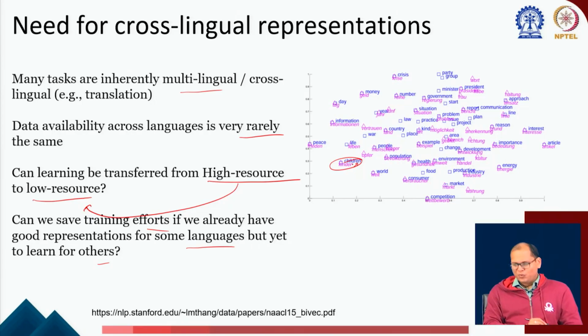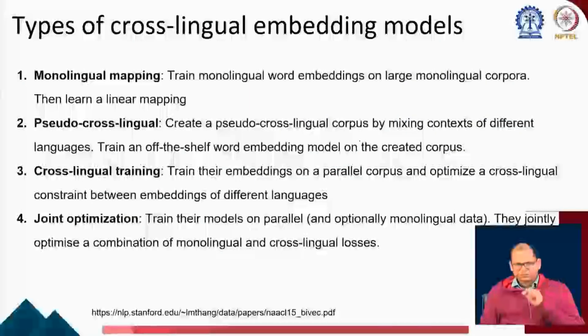That is the idea that you want, because once you have that, even if you do not have a good representation for other words, you would know that if you do not know this word, let's say, it should have been very similar to the life word in English, right? So once you have put them in the shared space, the translation for life would have a very similar embedding as the word life itself, and that can help you in getting good embeddings for multiple languages.